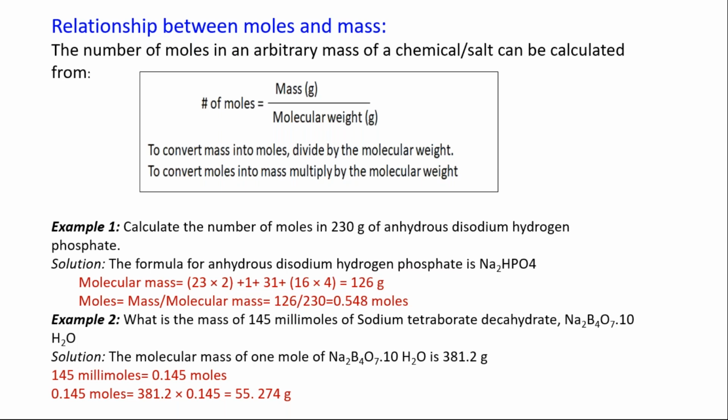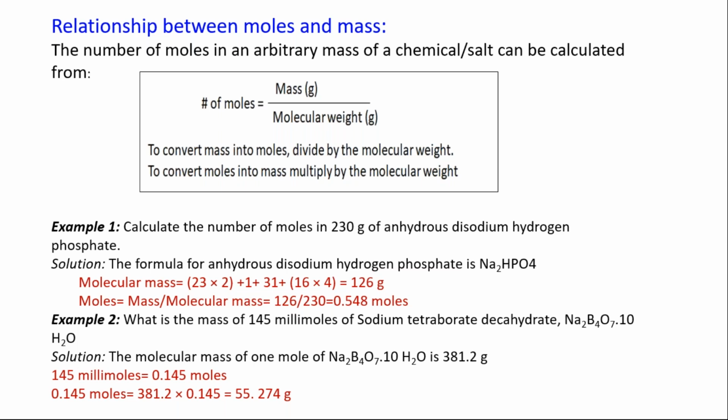The second example is, what is the mass of 145 millimoles of sodium tetraborate decahydrate? Here the formula is given. The molecular mass of 1 mole of sodium borate is 381.2. So you need to know that 1 mole is that.